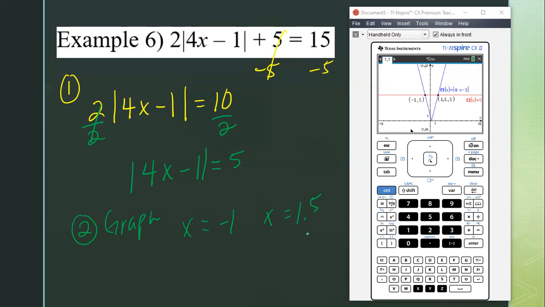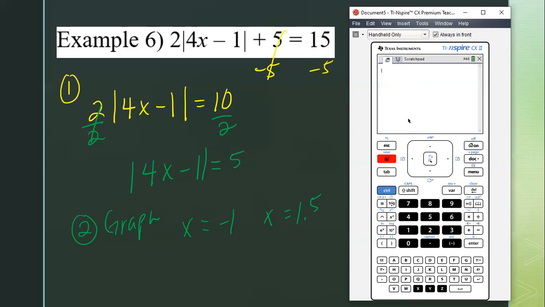Okay, if you're taking multiple choice and 1.5 is not written as a decimal, remember you always can turn a decimal into a fraction. So if I have 1.5 and I want to know what it is as a fraction, I would go to menu, number, and it'll give me approximate a fraction. And the fraction is 3/2. So you always can change a decimal into an approximated fraction.